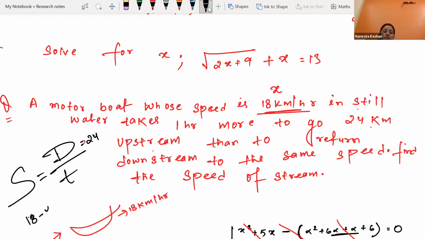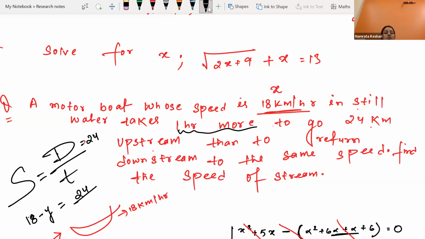Y we don't know, that means the speed of the stream we don't know over here. 24 is there, and the time is 1 hour more than what? We cannot write 1 at the place of time. It is 1 hour more in comparison to something.